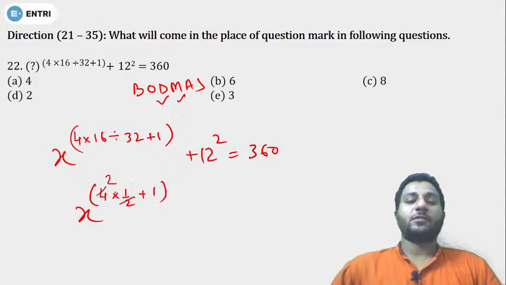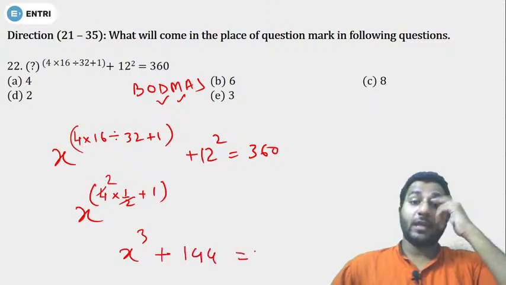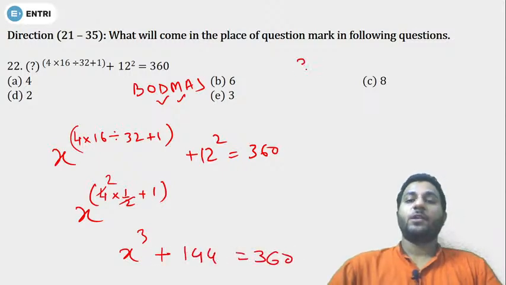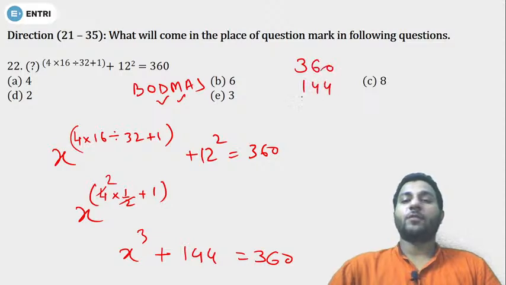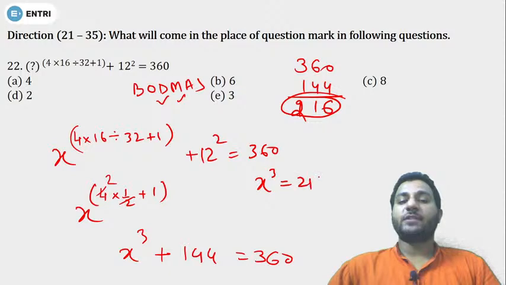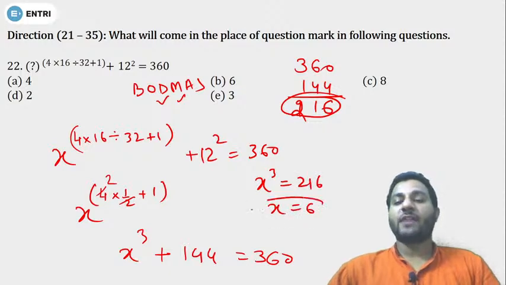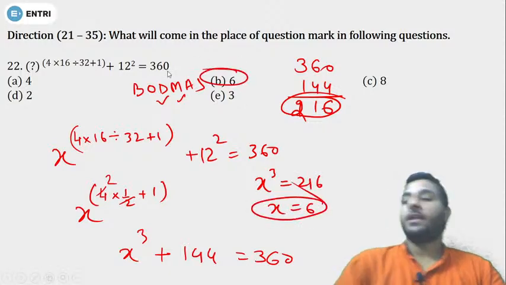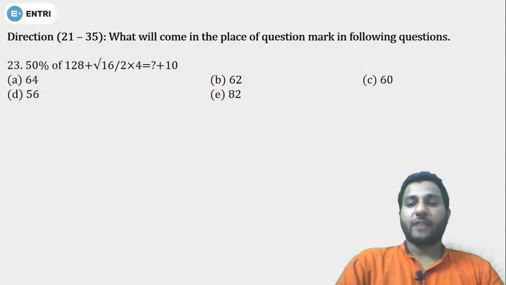Look at this. So x cube plus 144 has to be equal to 360. So once you subtract 144 from 360, it will become 216, sorry. So x cube equals to 216 makes the value of x as 6. It was a very, very good question. Got it? Next.